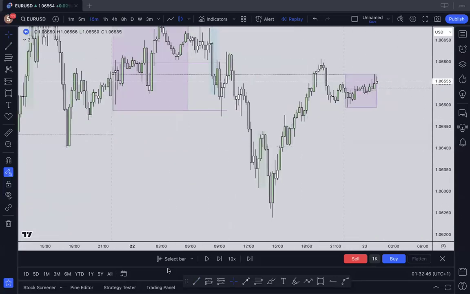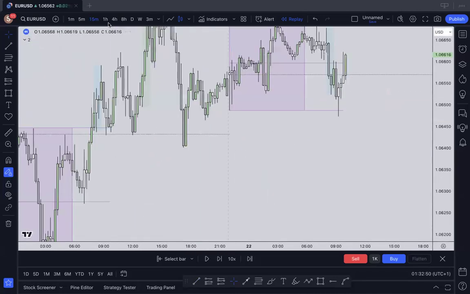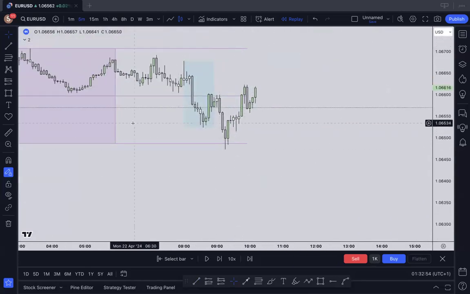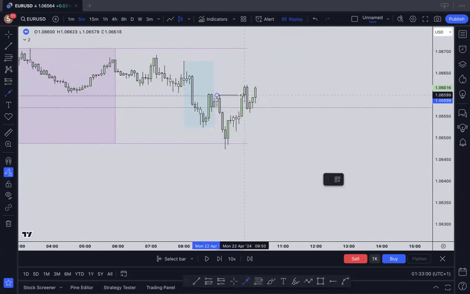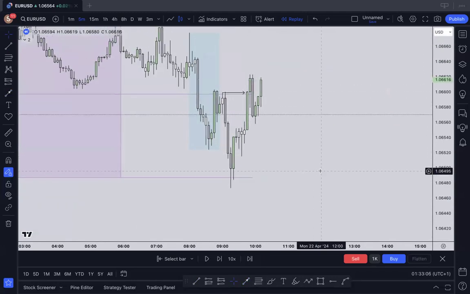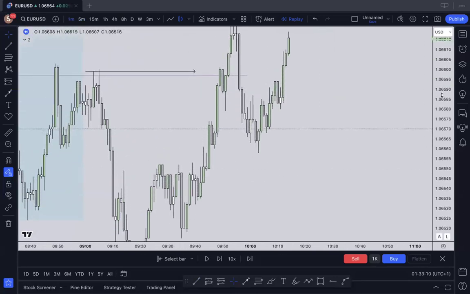Okay, so yet again, going today for the example. So here you can see we took out a liquidity candle right here. And then the next step would be for us to look for entry. Okay.